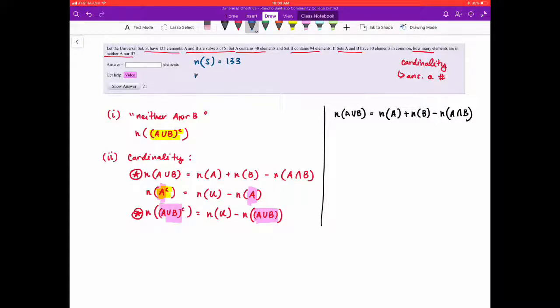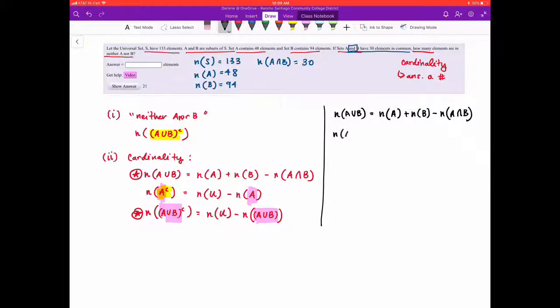Set A has 48 elements. Set B has 94 elements, and here is the kicker. The sets A and B have 30 elements in common, and look at that word "and." That means the number of elements in the intersection, because these are the elements they have in common, is 30 elements. Let's go ahead and fill this into the formula.